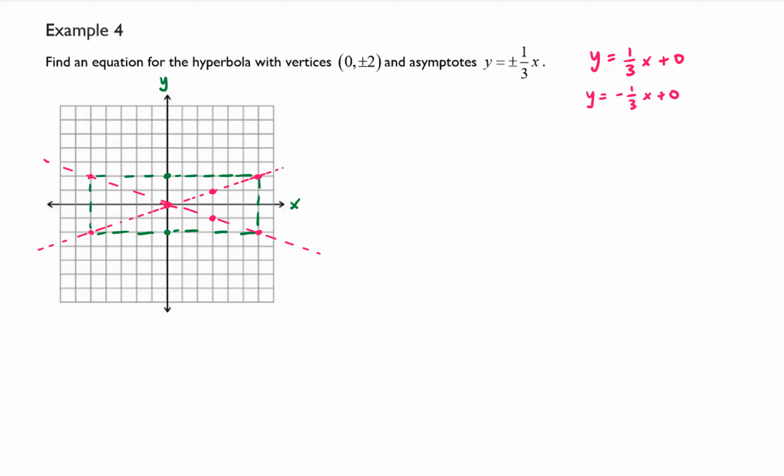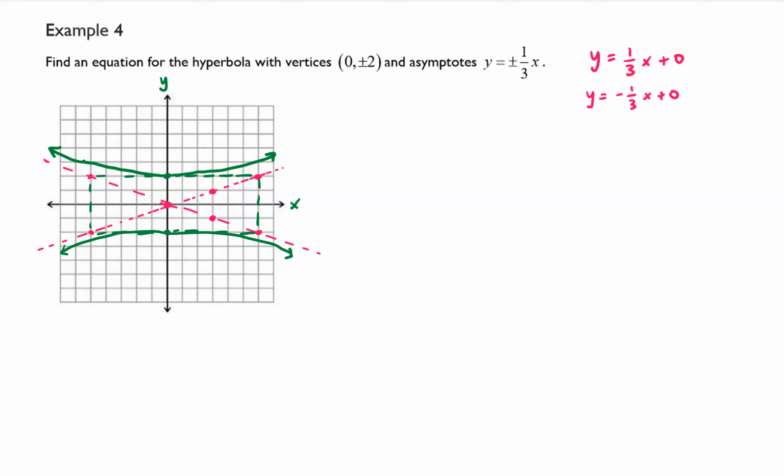And now, if I were to create the graph of this, it would go through the vertices and it would look very wide like this, since it's hugging the asymptotes. So it's going to look something like that.